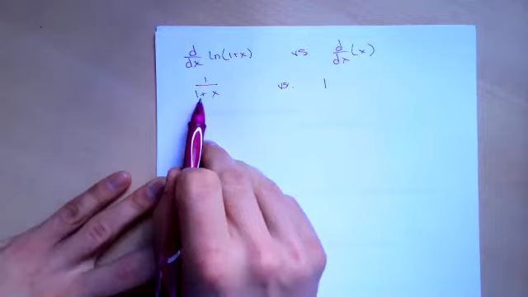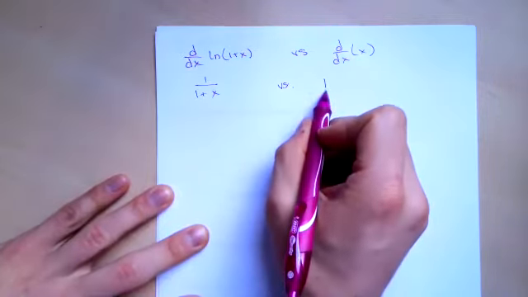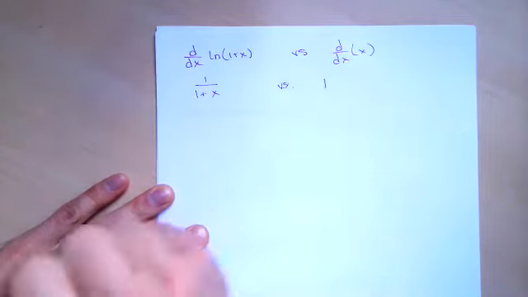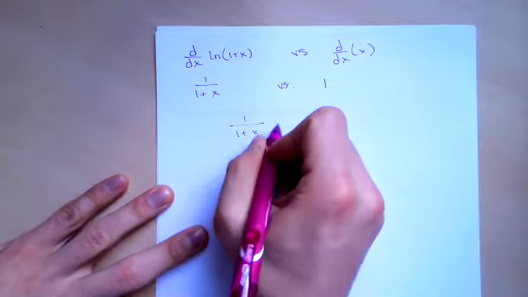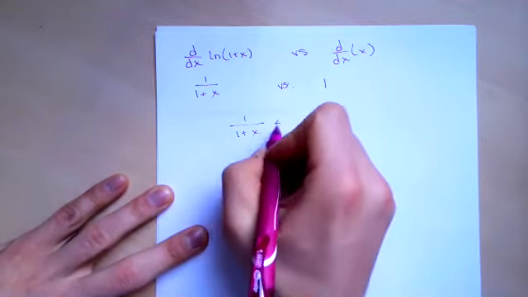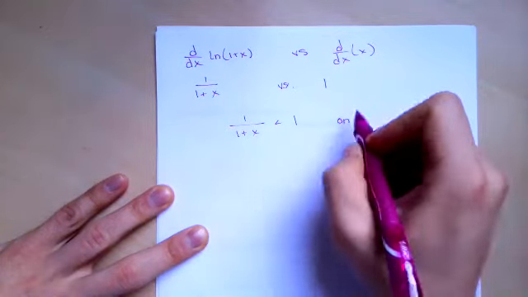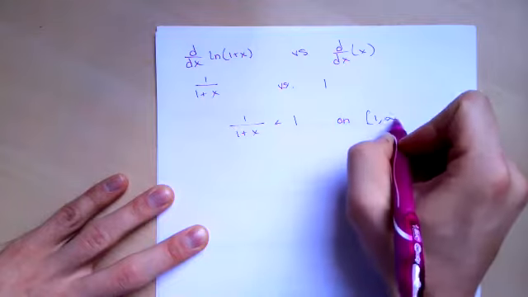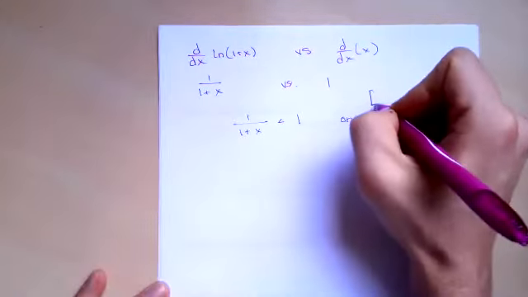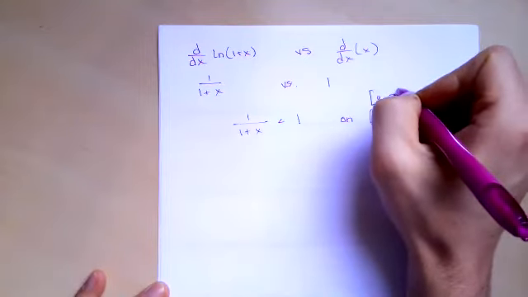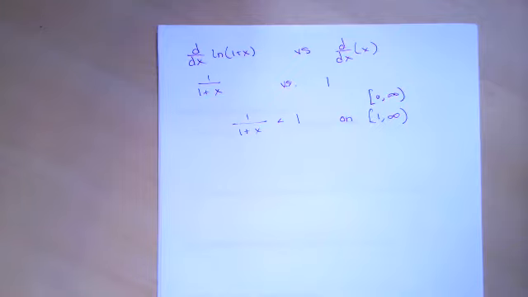We are comparing 1 over 1 plus x with a constant rate of change of 1. Which one's less? Since x is bigger than 1, on 1 to infinity, of course, we could even say on 0 to infinity. 1 to infinity is ultimately the domain we want to care about.